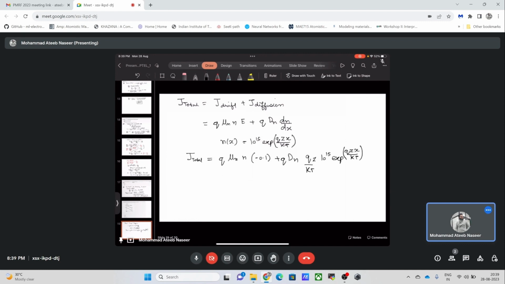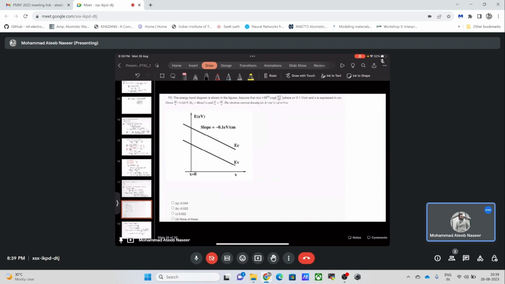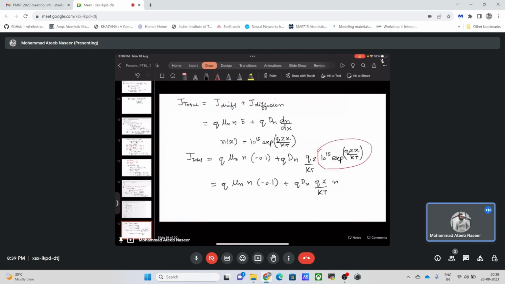This thing over here is itself equal to n, and this expression reduces to q mu n times n into minus 0.1 plus q Dn q z by kT into n. The value of z has been given to be equal to 0.1 volts per centimeter.